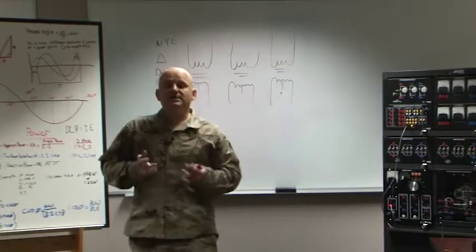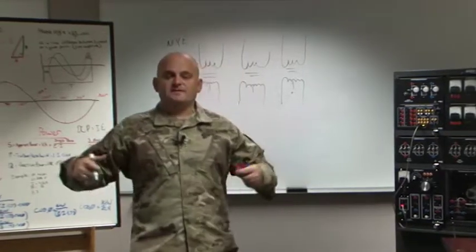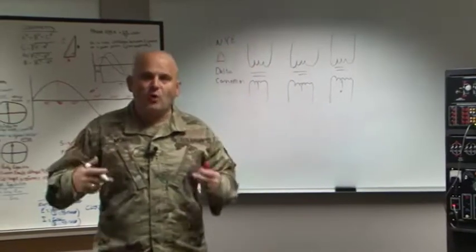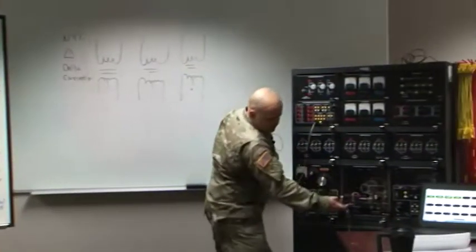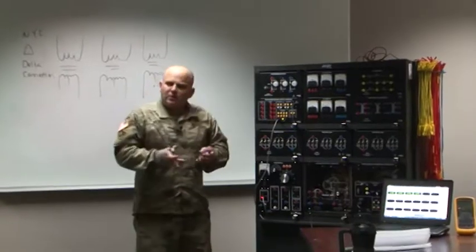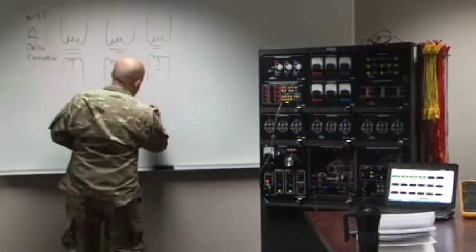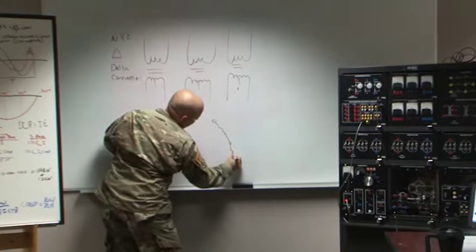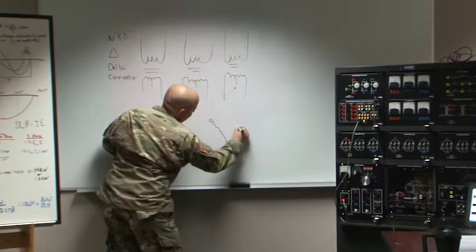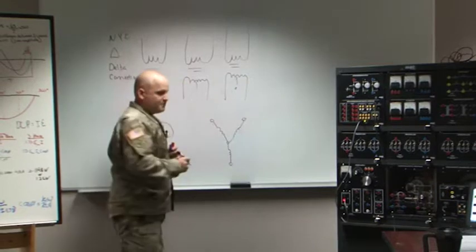So we've got our Y connection and our delta connection type. What that means is how we are making the physical connections in reference to the coils. If you remember back to this generator down here, I showed you these three coils, and we connected them in a Y configuration that looked like this.